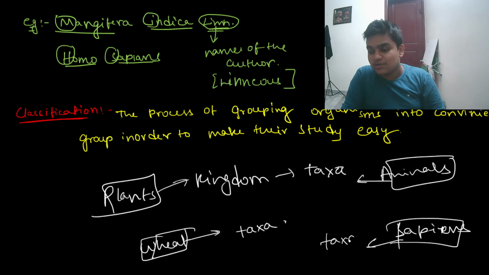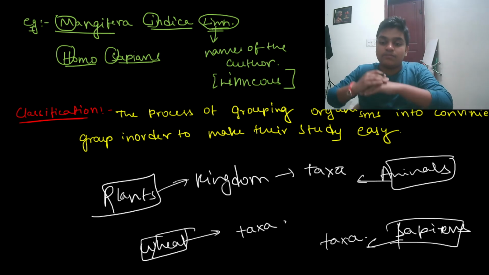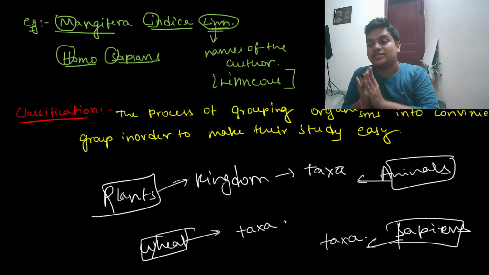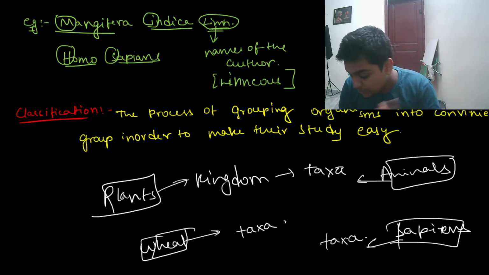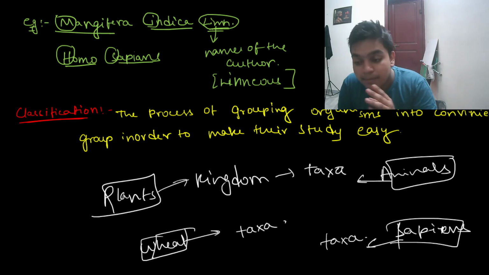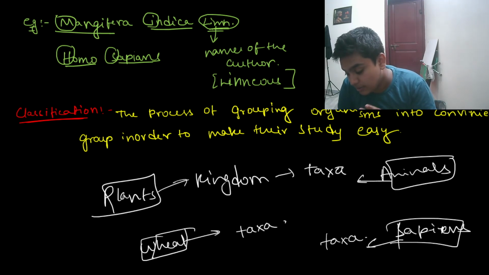Now, are you understanding what I want to tell? At every different level, this category is called a taxa. Every category at every different level represents a taxa. Mammal is a taxa, dogs is a taxa.